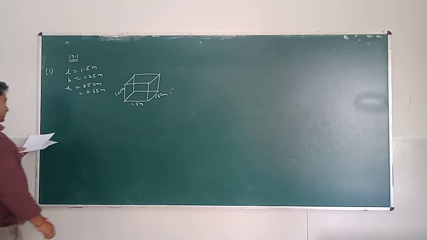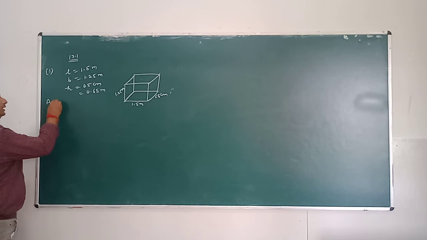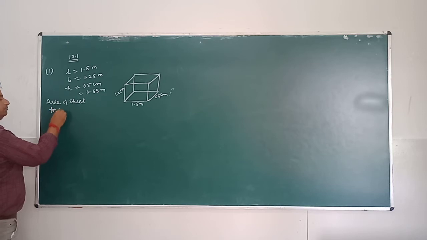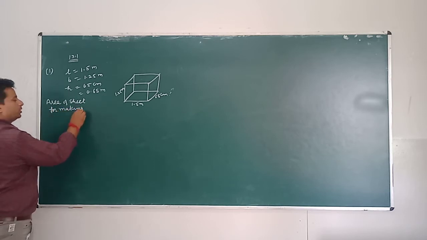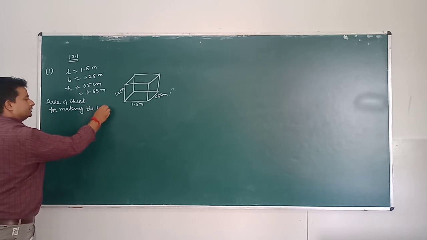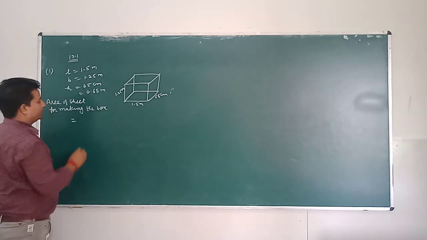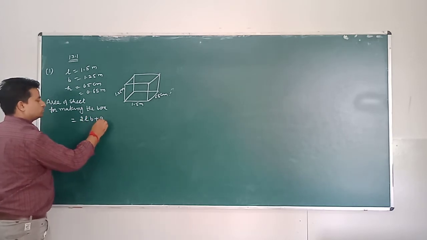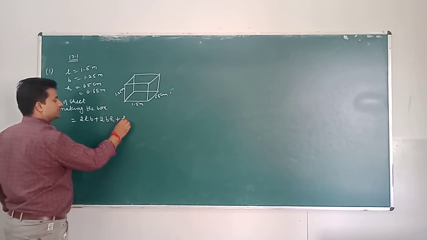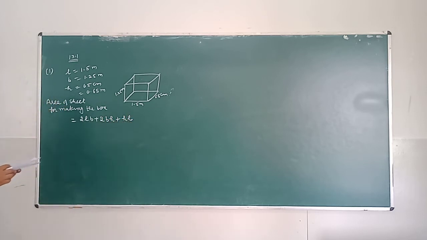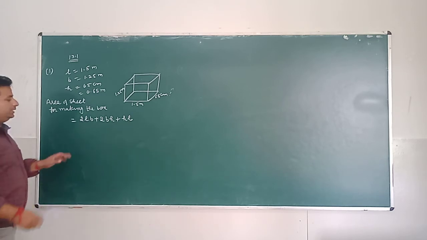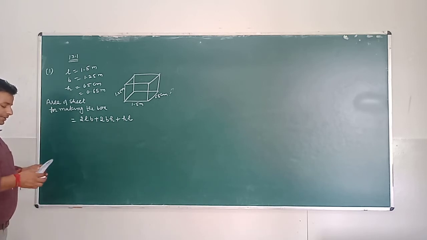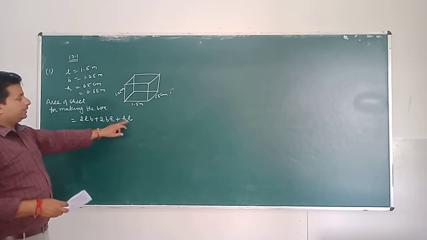So first we find the area of sheet for making the box. As in the statement, the box is open, so its area is 2 into L into B plus 2 into BH plus HL. This is the area of box: 2 into length breadth plus breadth into height plus height into length.